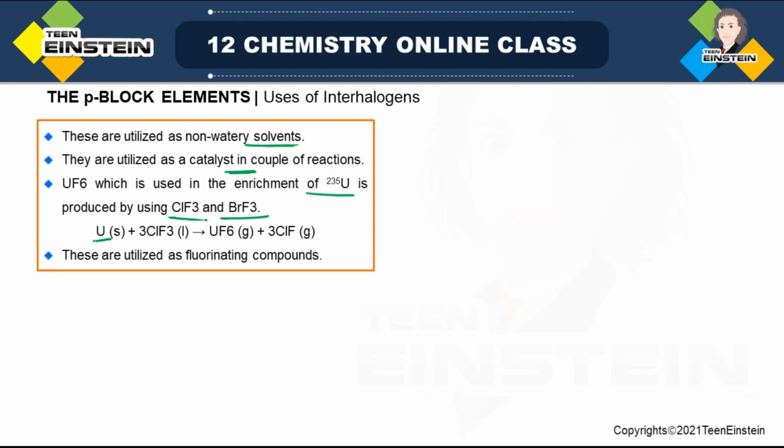So you have taken uranium, you are treating it with ClF3, and you are getting UF6. So this is used for the synthesis of UF6. These are also utilized as fluorinating agents. That means it can supply fluorine atoms. Also this example you can use for this last statement, that is U is fluorinated by the use of ClF3.